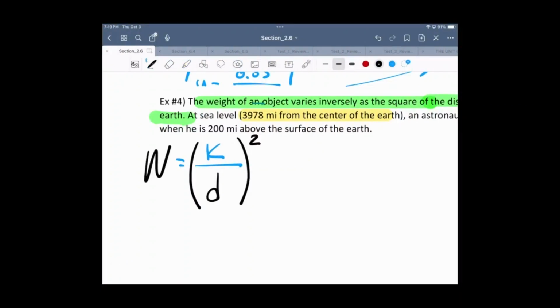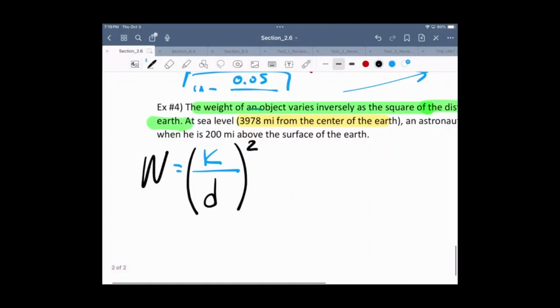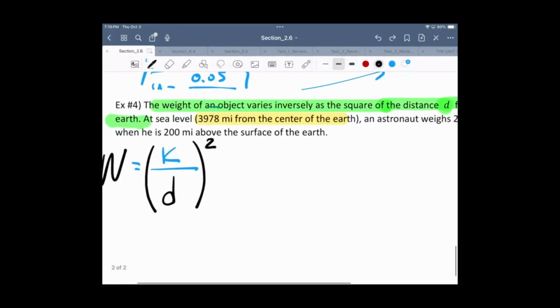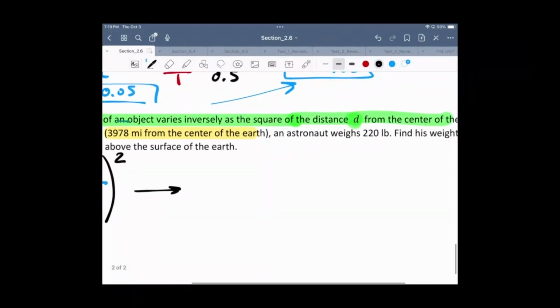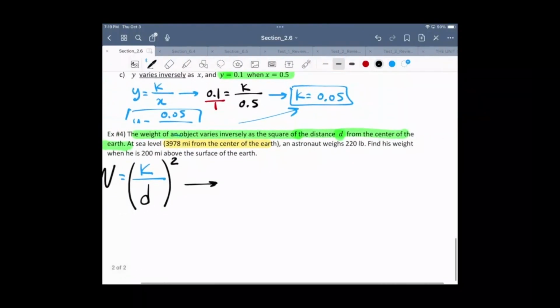Okay, so we need to find k, right? Otherwise we can't find w, or his weight when he's 200 miles above the surface of the earth. So they gave us a bunch of good information we can use to find k in this case. The weight in this case is 220 pounds.